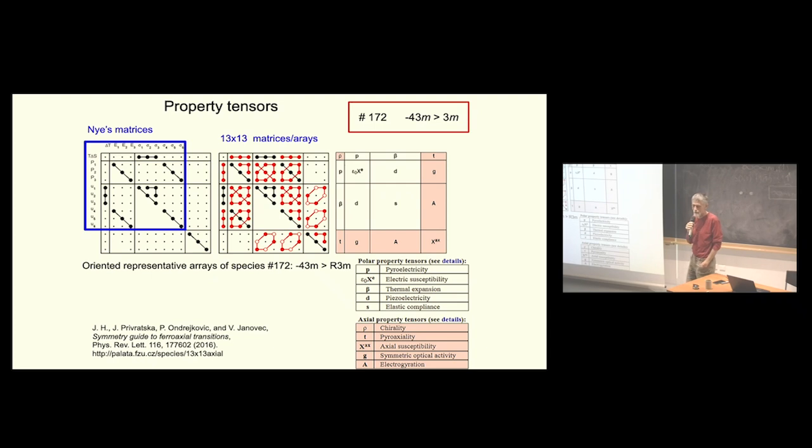I'd like to advocate using these numbers because it will make it easier for others to use the table. If you just know the number, you easily find the species. So this is -43m to 3m. You see how you can easily find the matrices.